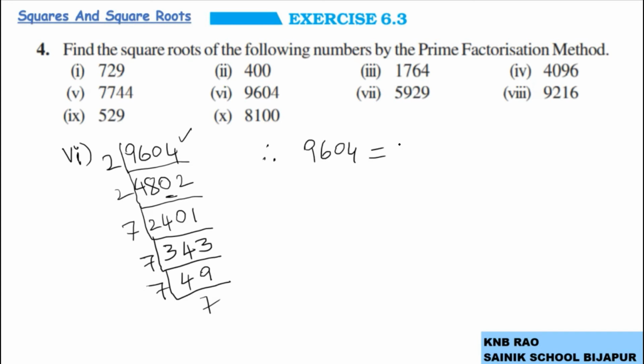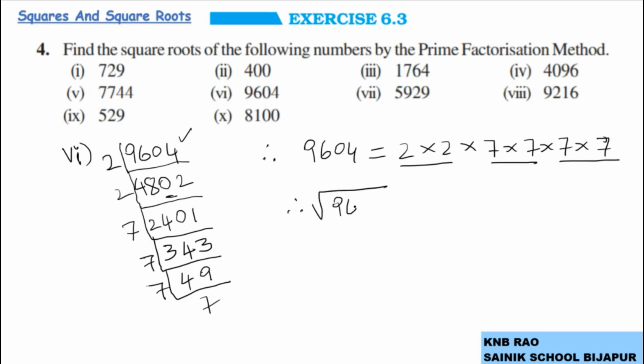9604 is written as 2 into 2, 7 into 7 into 7 into 7. Now here we have got a pair of prime factor 2, and prime factor 7 in pairs of 2's. Therefore the square root of 9604 will be the product of 2 and one 7 and one more 7.